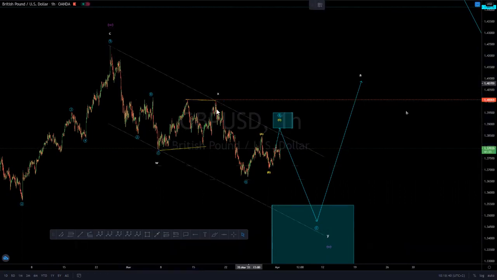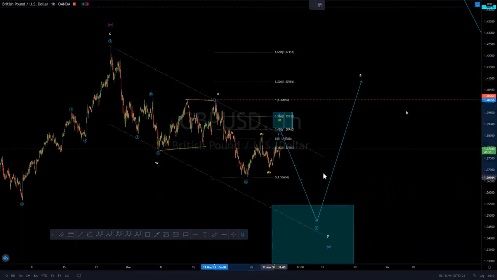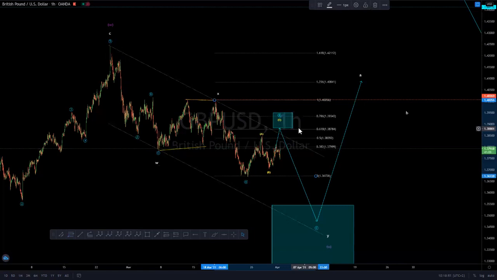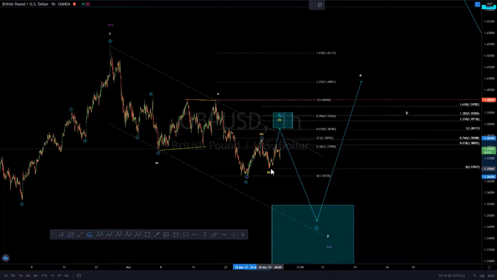So I'm just using some confluence here of the Fibonacci. So I'm expecting this to trade higher to around 50 or 61.8. So this is where I'm expecting it to be. This blue box is not for this Fibonacci; in this case, this is just going to be a confluence. So if I take my Fib extension, this is what I'm looking at here. I hope it's not going to clutter.